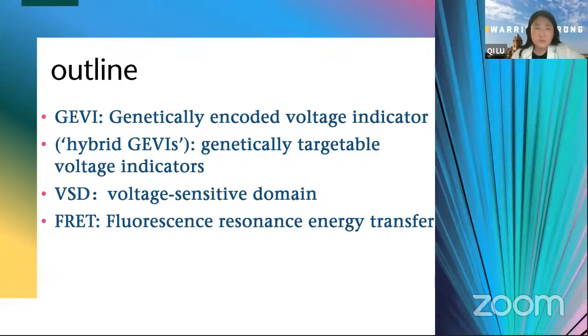In this chapter, we're going to talk about the voltage indicator, the GEVIs.